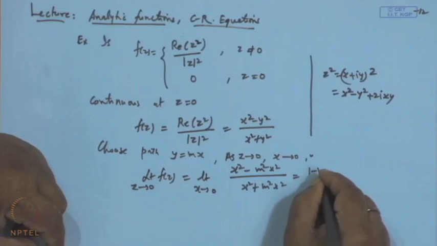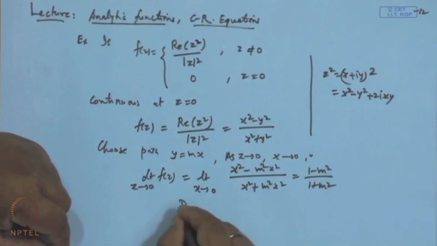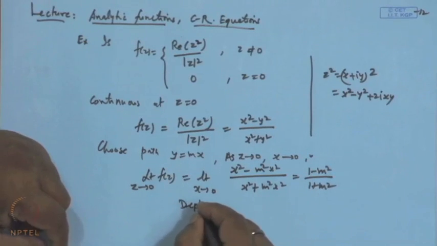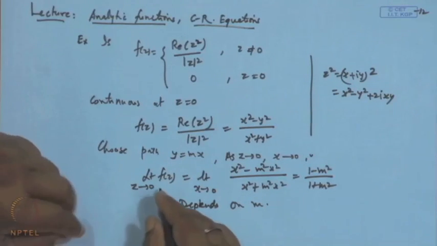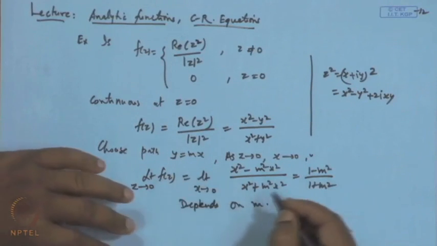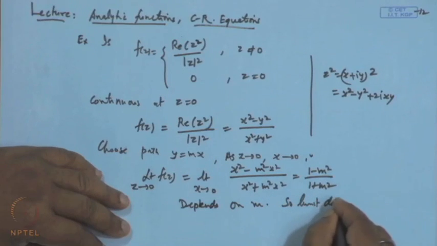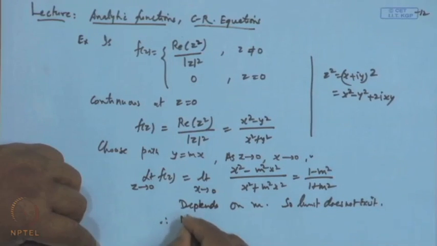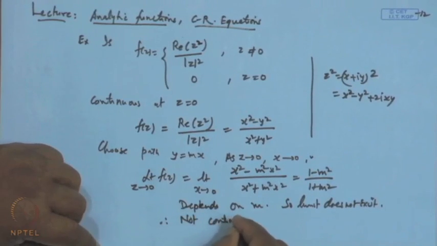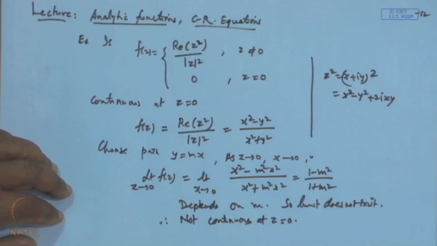That is 1 minus m square over 1 plus m square. Now, it depends on m. The limit varies as m changes, so the limit does not exist. Therefore, it is not continuous at 0.